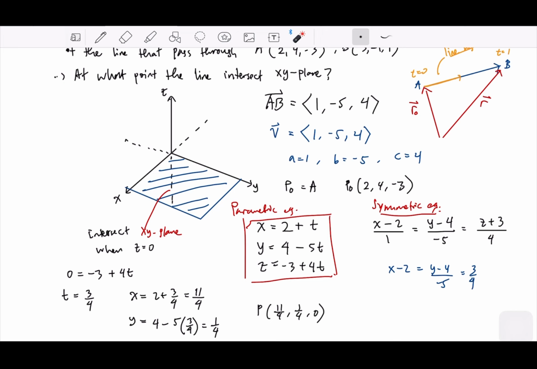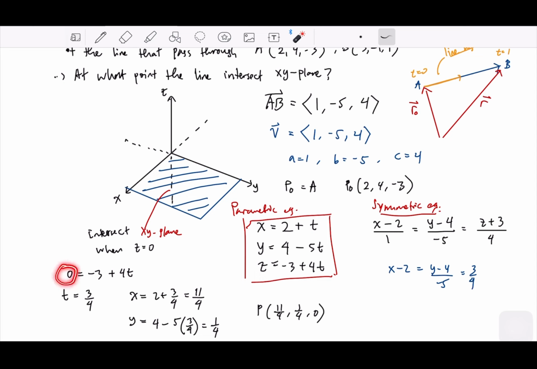Now we are looking at the XY plane. The XY plane is where z equals 0. So the line will intersect the XY plane when z equals 0.